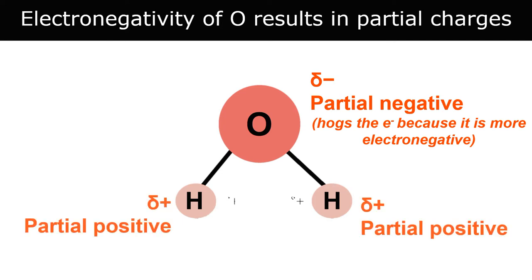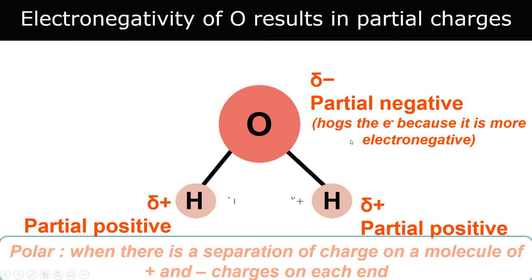And so what's also going to happen at the same time is, because the oxygen is pulling those electrons away, the hydrogens in this molecule are going to end up with a partial positive charge. So when you have this sort of differential in charge in a molecule, that has a special name, and that is polar.